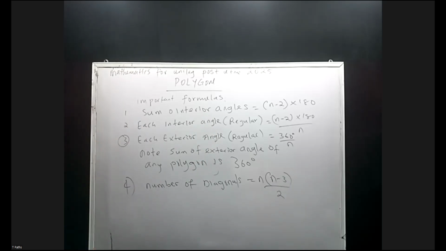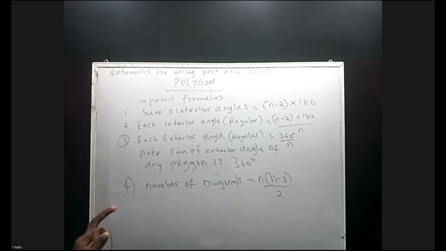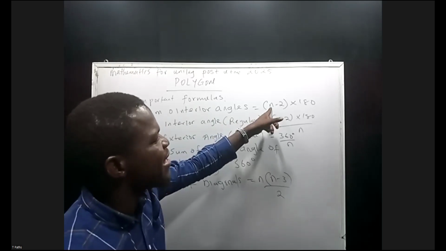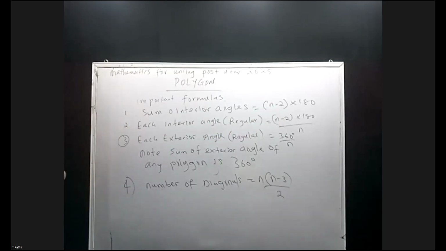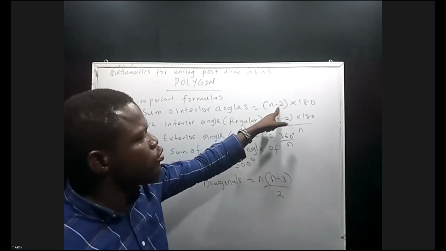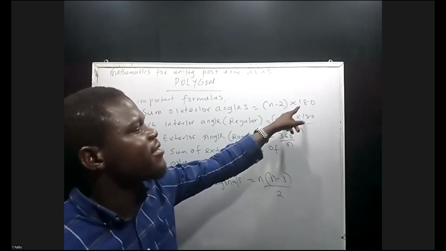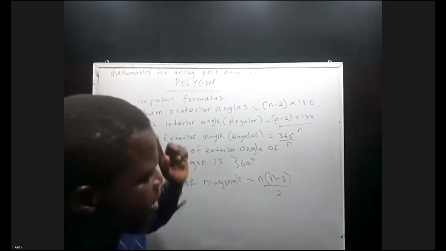One, the sum of interior angles, those angles inside, is given by this formula, where n is the number of sides. For example, a triangle has 3 sides. If you put 3 here, 3 minus 2 is 1, 1 times 180 is 180. The sum of angles in a triangle is 180.